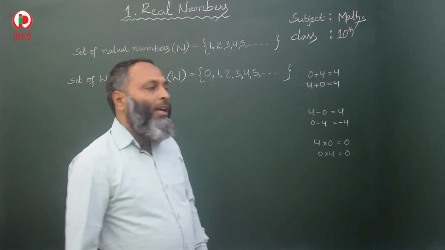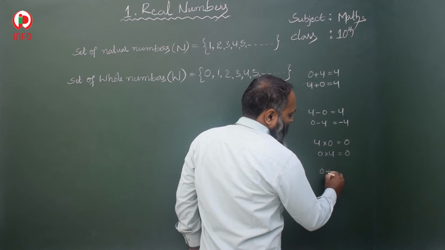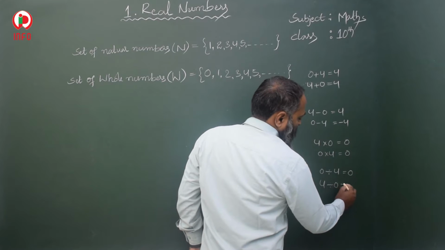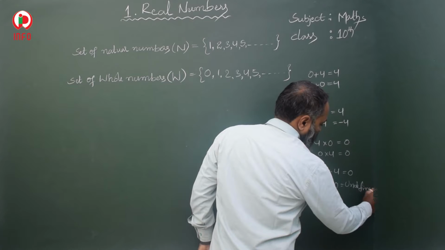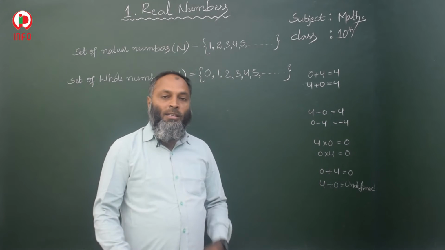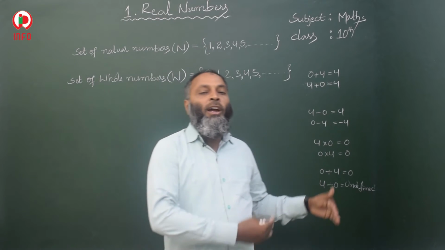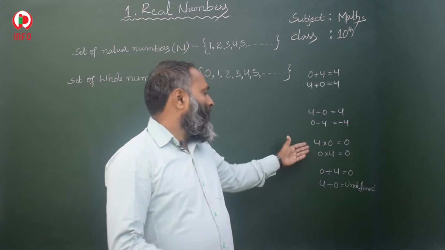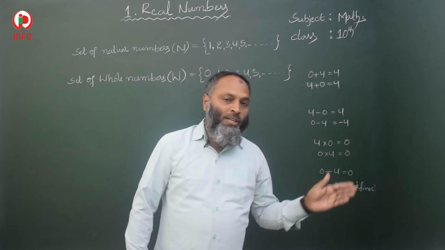For division, 0 divided by 4 is 0, and 4 divided by 0 is undefined. So when 0 comes, we discussed the properties when you add, subtract, multiply and divide with 0.